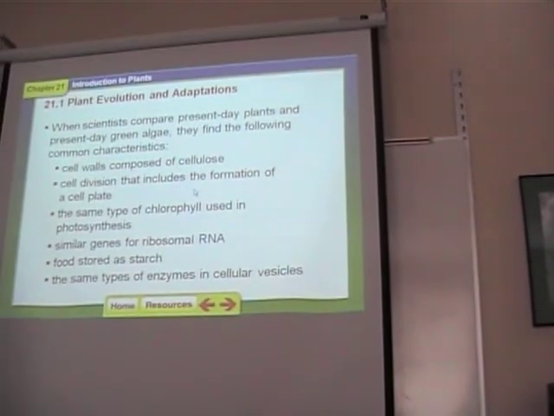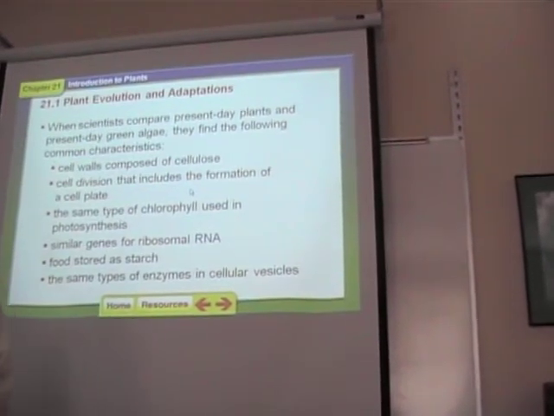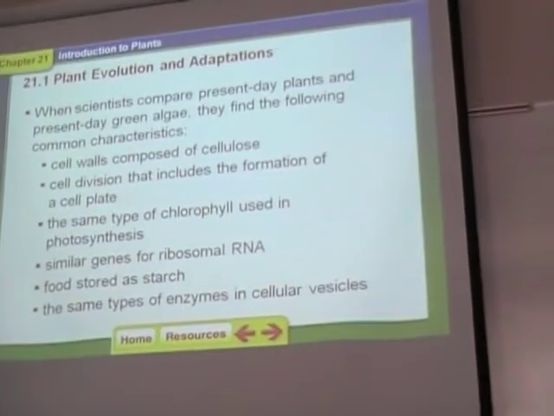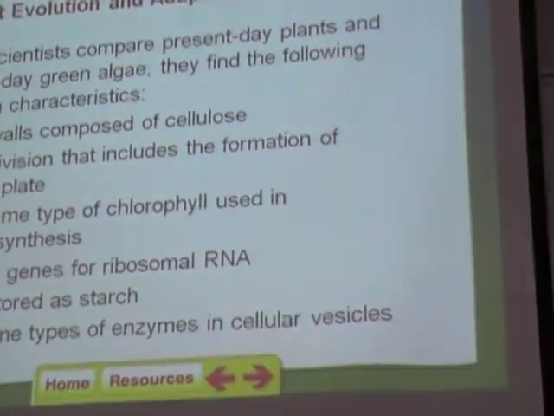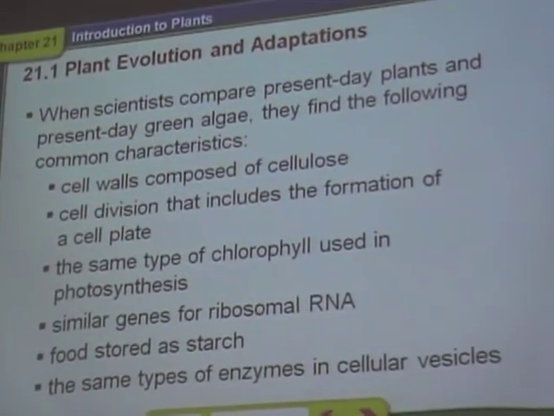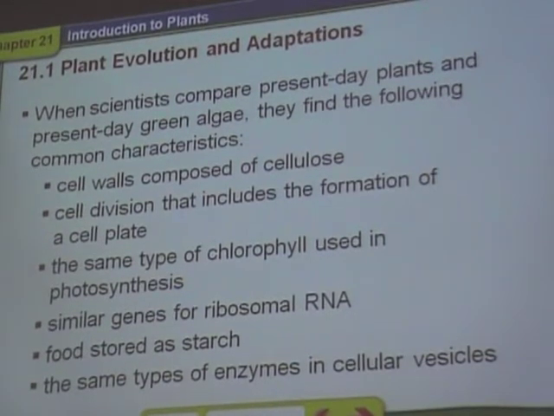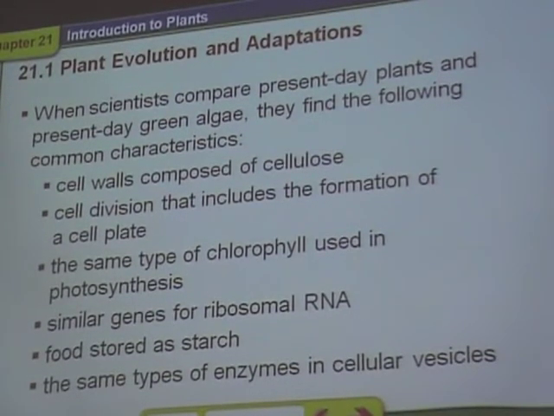And we think that plants came from green algae. What happened was green algae, the stuff that we looked at in the microscope, do you remember the spirogyra? It was stringy green algae. That stuff was floating around in the oceans for billions of years, or at least probably half a billion years.